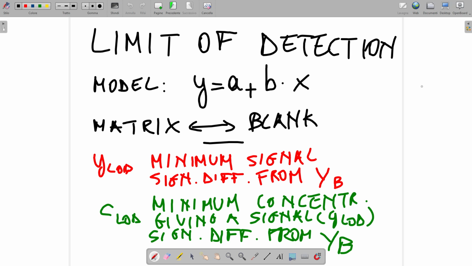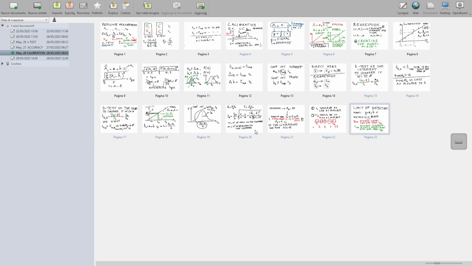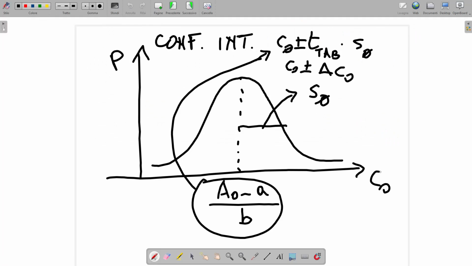What's the problem? Please tell me. I can understand because sometimes we put the 0 with the bar and other times no. In which formula? In the confidence interval for C0. C0 comes from this calculation, that is the area of the unknown minus the intercept divided by the slope.